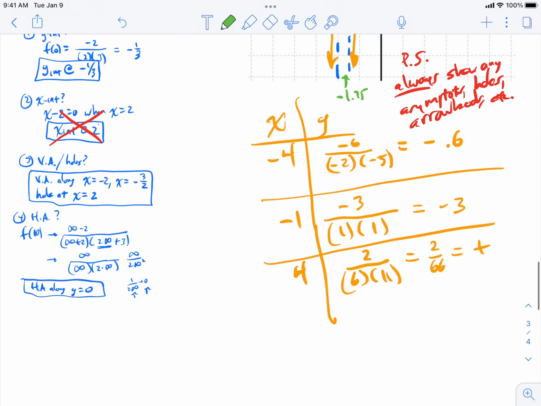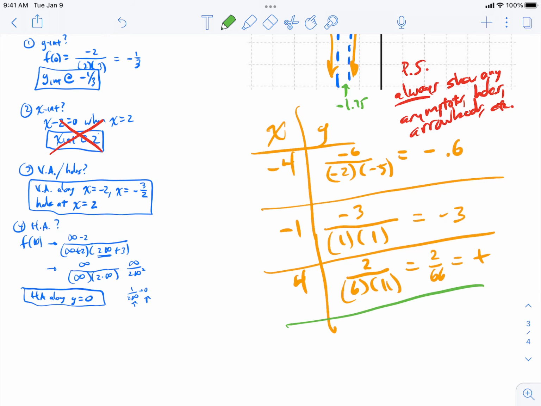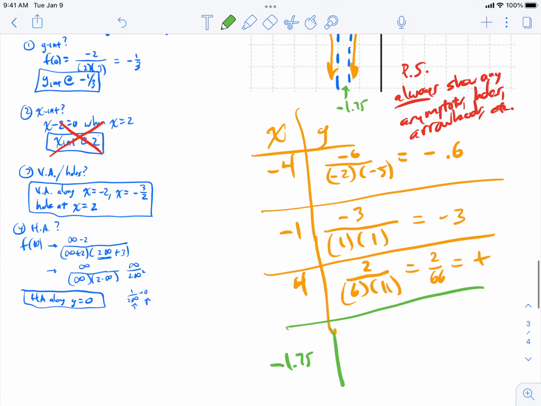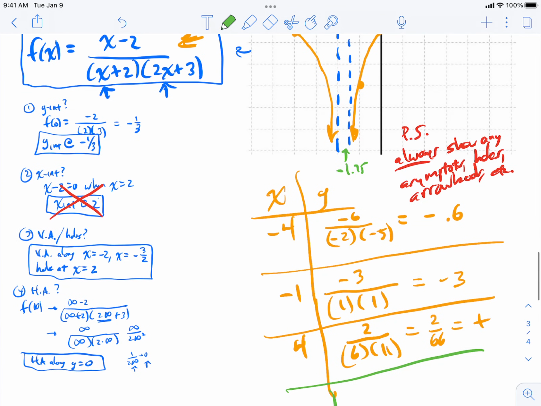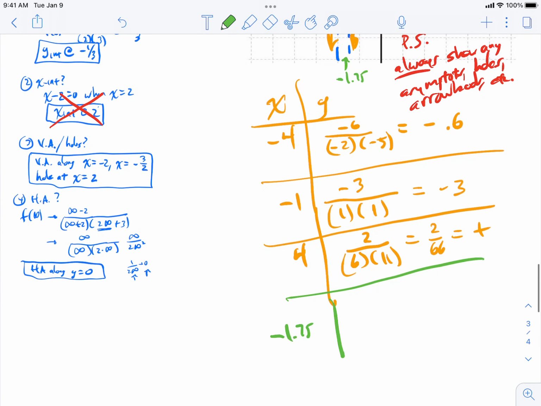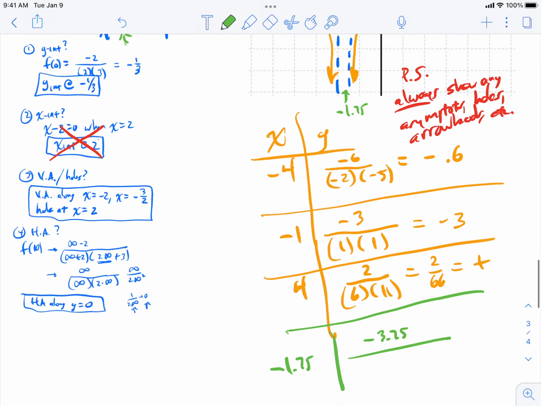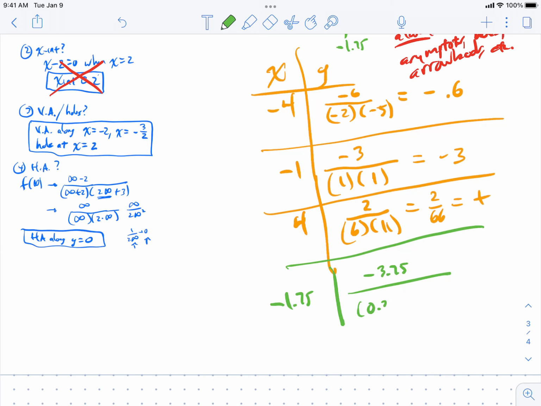So what am I plugging in? Negative 1.75. What do we get? Looking again at our function, negative 1.75 minus 2 would be a negative 3.75 on the bottom. Negative 1.75 plus 2 would be a positive 0.25.